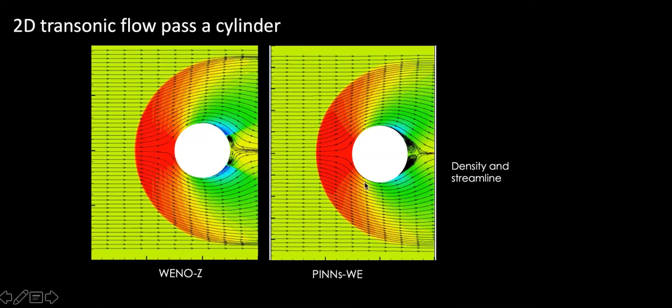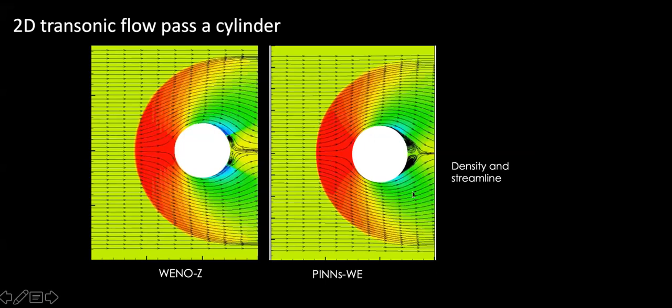Can I ask you a question? Is this Euler or is this Navier-Stokes? Because I see vortices in the background, in the back. Why are there vortices if it's Euler? This is an Euler equation problem.